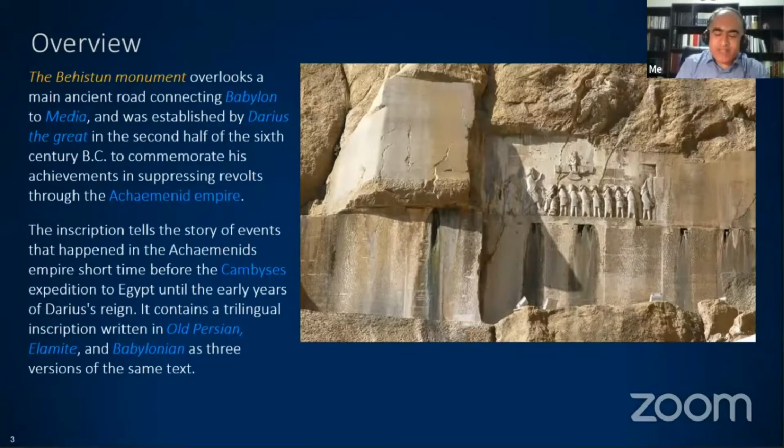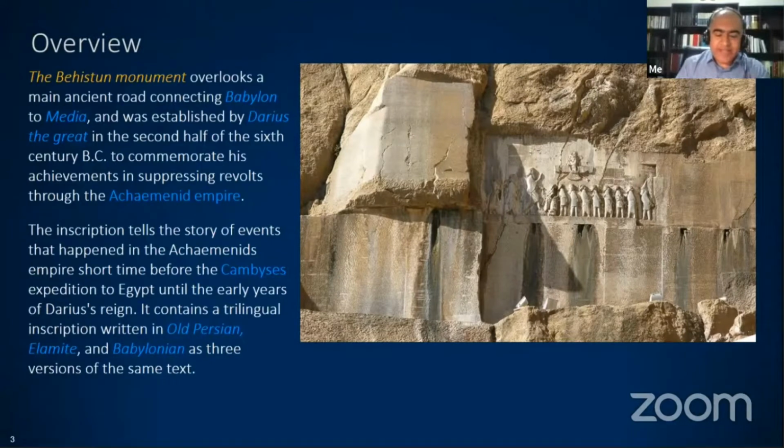It is a trilingual inscription written in Old Persian, Elamite, and Babylonian, with 3 versions of the same text. Each version is arranged in a number of columns in which the text is divided into paragraphs like "Darius the king says."